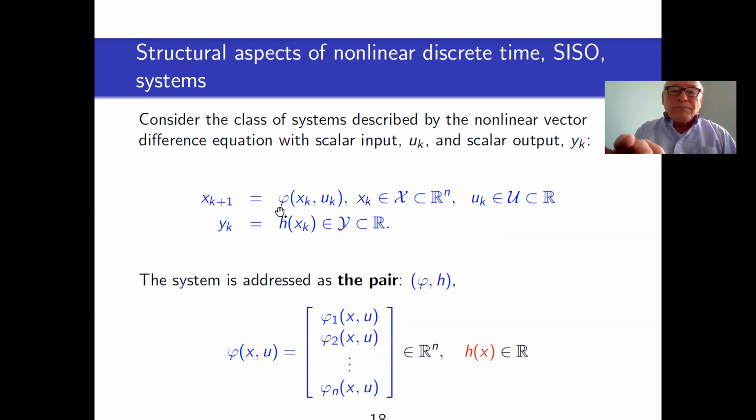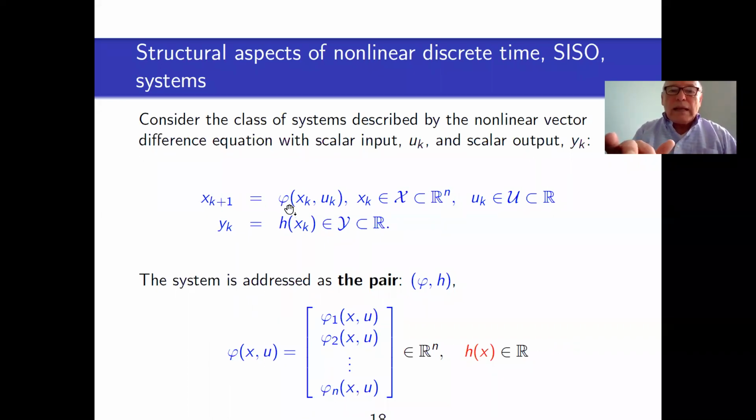Phi, the nonlinear function of the next state map, is a collection of nonlinear functions of the current state and the current input, or the given input at time kT. Sometimes we will suppress the dependence on time in order not to clog the notation too much.